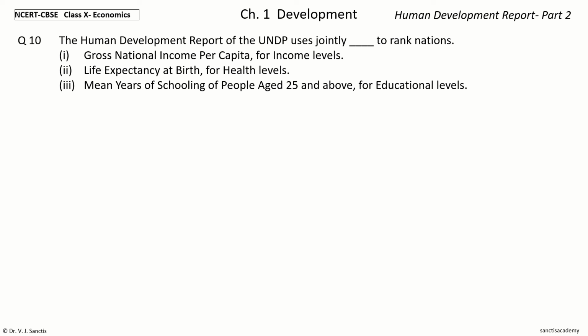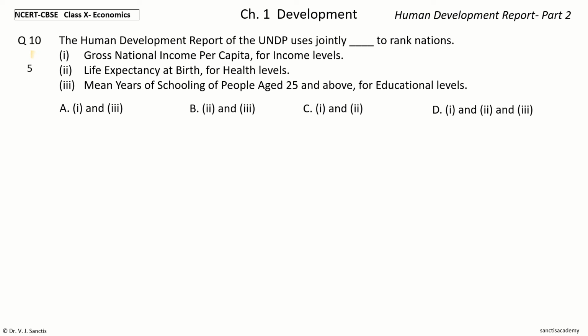Number 3, mean years of schooling of people aged 25 and above for educational levels. The options are number 1 and number 3, number 2 and number 3, number 1 and number 2, number 1 and number 2 and number 3.